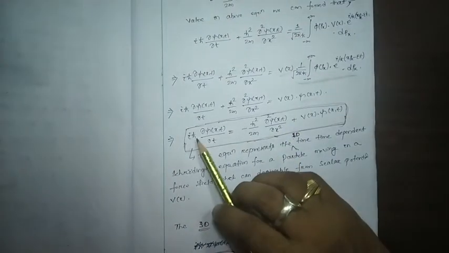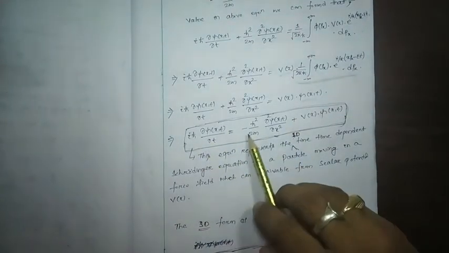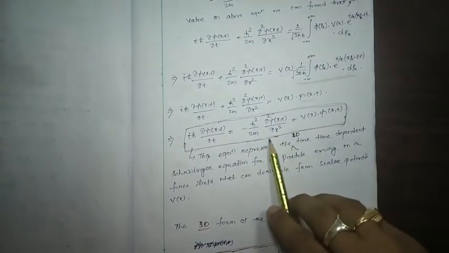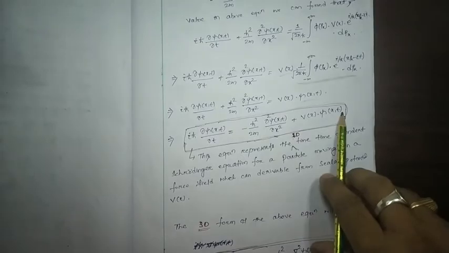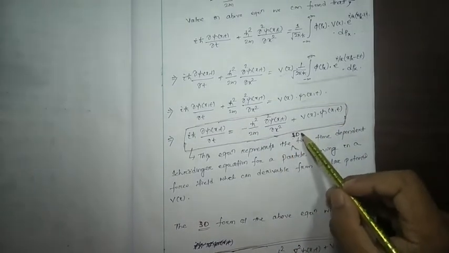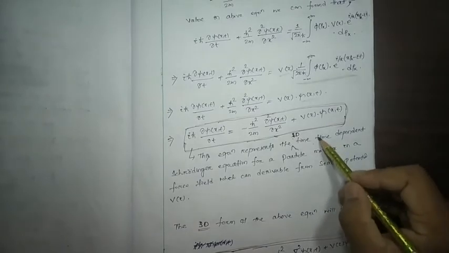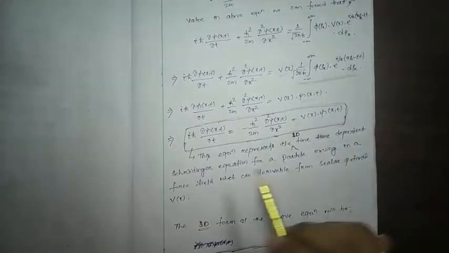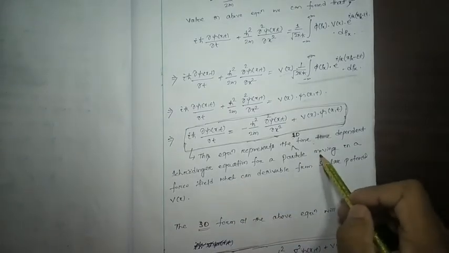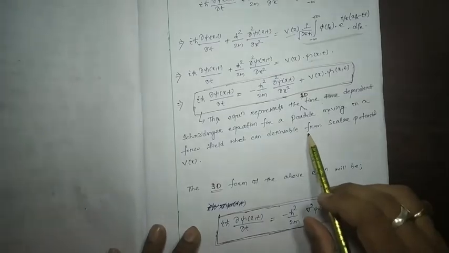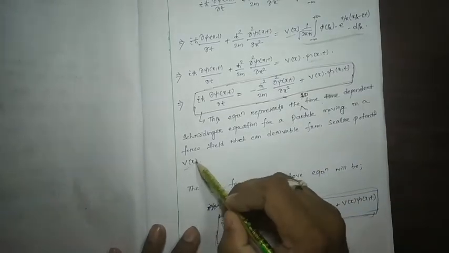So i h cross del psi xt by del t equals minus h cross square by 2m del square psi xt by del x square plus Vx psi xt. This equation represents the one dimensional time dependent Schrodinger equation for a particle moving in a force field which can be derived from the scalar potential Vx.